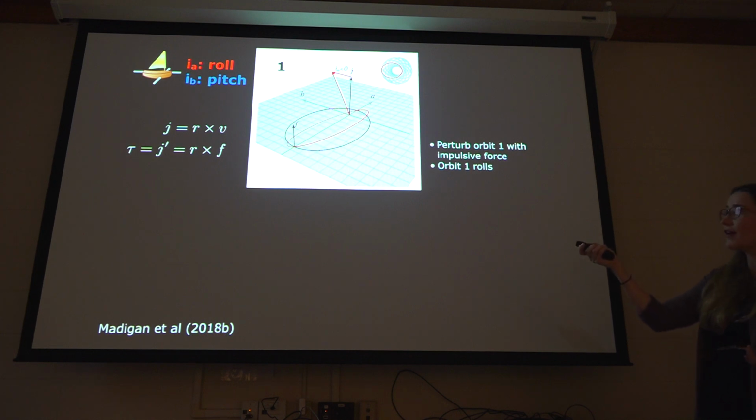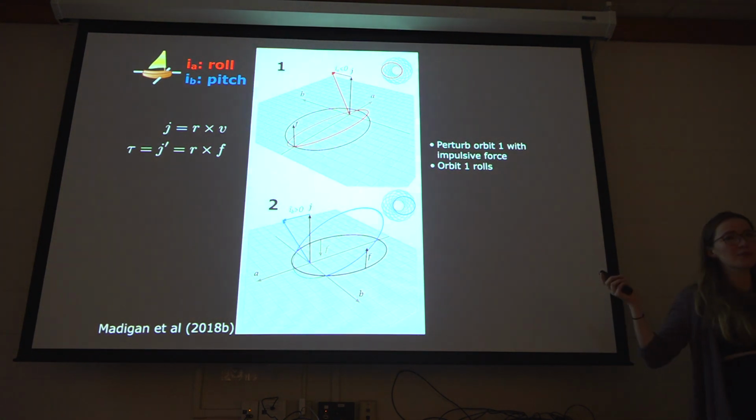If you use your right-hand rule, that means your torque is going to be in this direction. I've colored it in red because it means it's going to roll. Torque is the rate of change of angular momentum, so you add those two vectors, and you get that resulting red angular momentum vector. So your orbit rolls. That's what orbit 1 does.